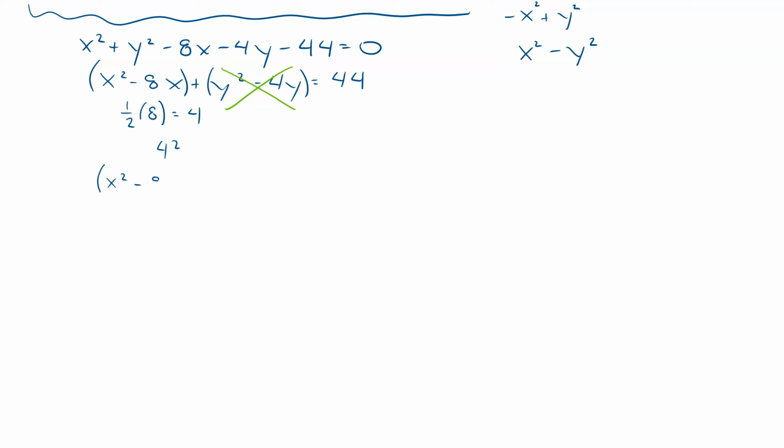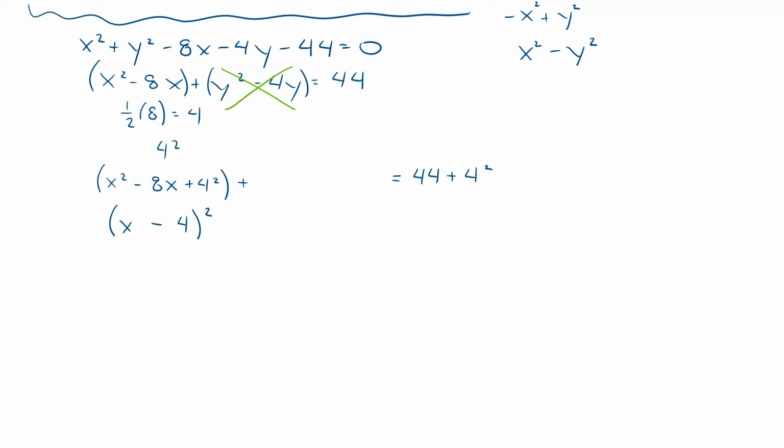So I have x squared minus 8x plus 4 squared added inside the parentheses, plus leave some room for the y's. We're going to come back for that. And then we have 44 plus 4 squared. Now we take the first term, last term, the middle sign, squared. We have our perfect square.